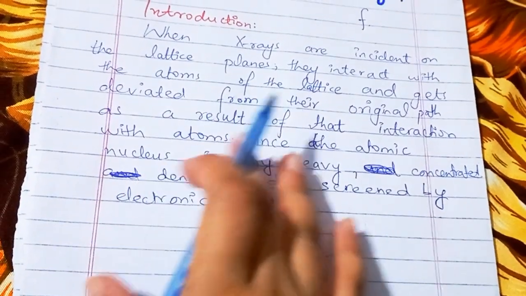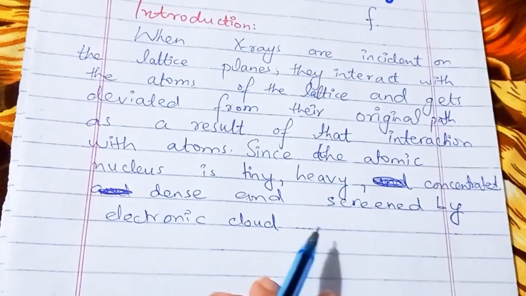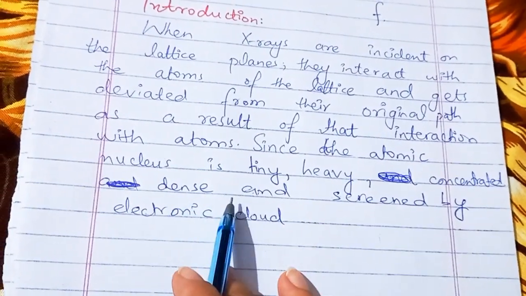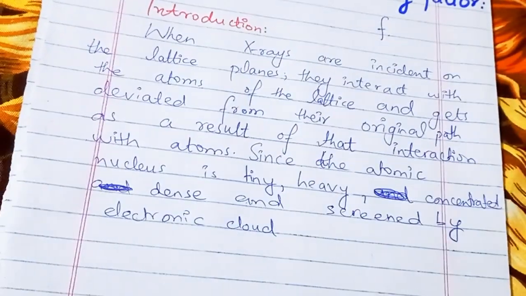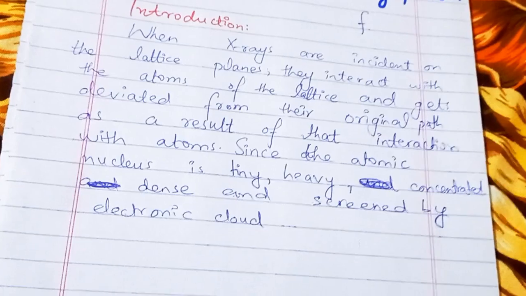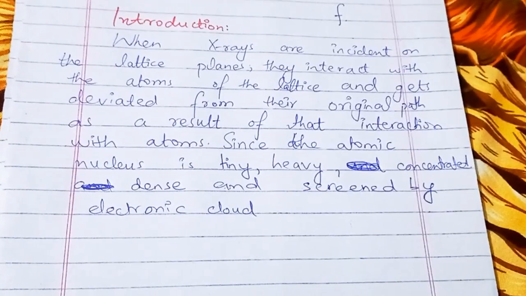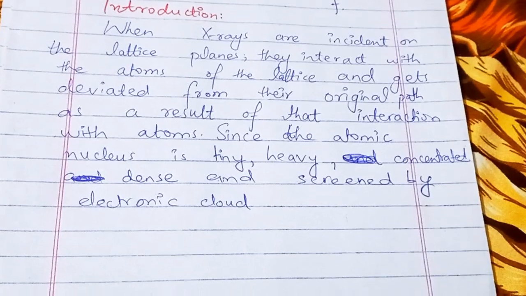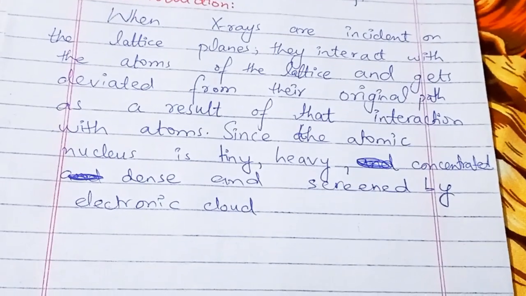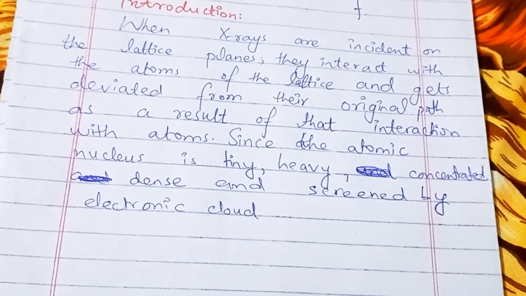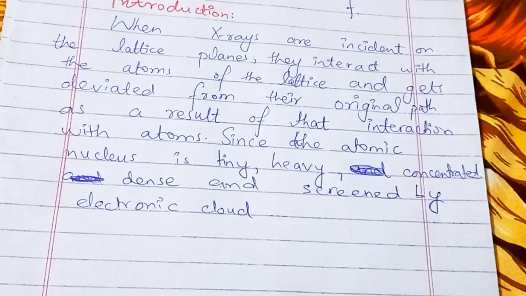These are the reasons that we can give to justify our stance that the atomic nucleus is negligibly influencing and scattering the X-rays. We can consider the electronic cloud later on in our discussion. So whenever we are talking about the interaction of X-rays with an atom, we are actually talking about the interaction of X-rays with the electronic cloud, because it's the electronic cloud that is scattering the X-rays in an atom.